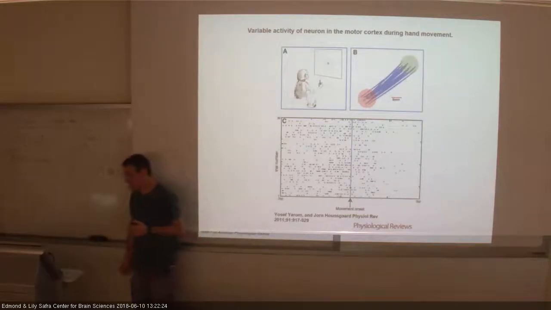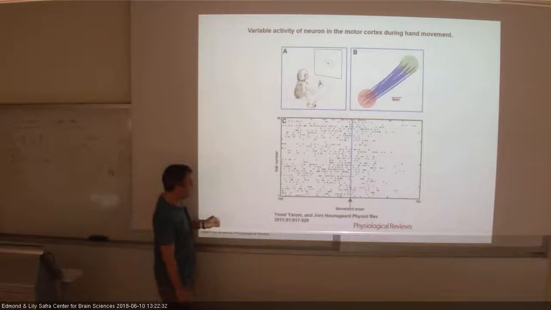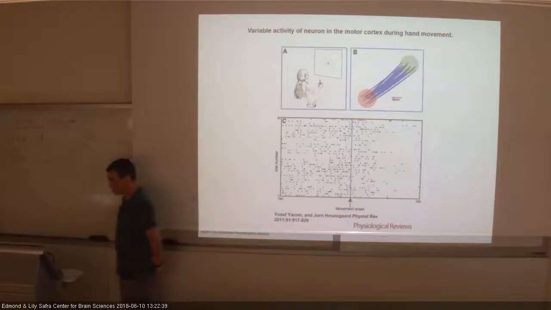On the other hand, there are reasons why they should not. For example, if we think about a cortical neuron, how many synapses, how many inputs does a cortical neuron receive? Approximately 10,000, a few thousand at least.